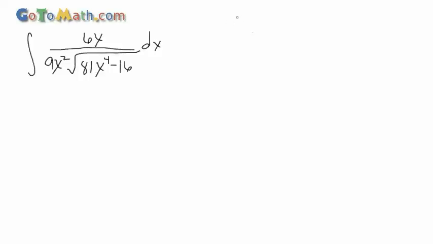Okay, so you should be familiar with some of these inverse trig forms. If we have, for example, 1 over, I'm going to use the letter K here. Usually they use the letter U, but I don't want to get that mixed up with the U-substitution we're doing.